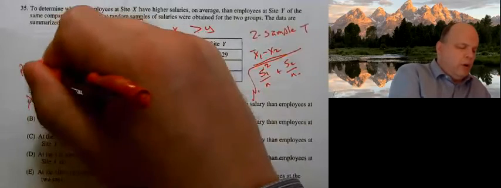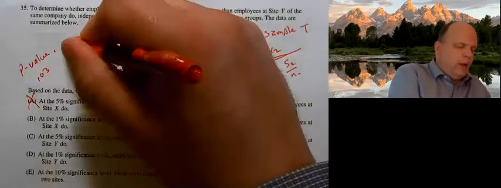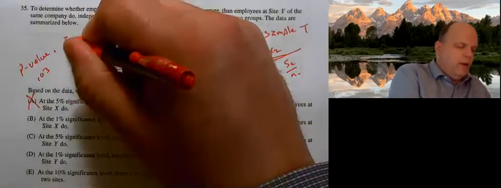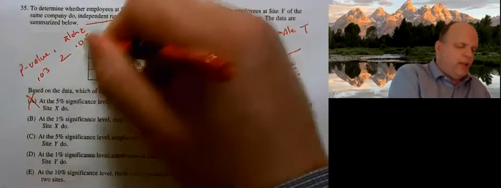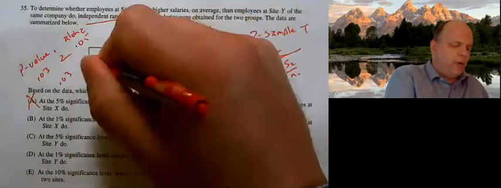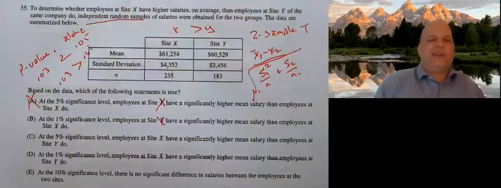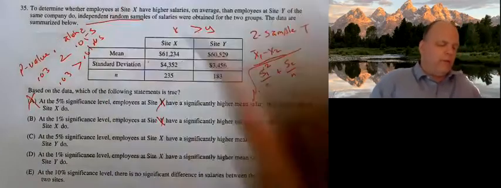That's wrong. At the 1% level, employees at site Y, it's not even significant at the 1% because we had a p-value of 0.03. So 0.03, if our alpha is 0.05, this is less than, that's going to be significant. But if it was 0.03 compared to 0.01, it's not significant. So not significant at the 0.01, significant at 0.05.